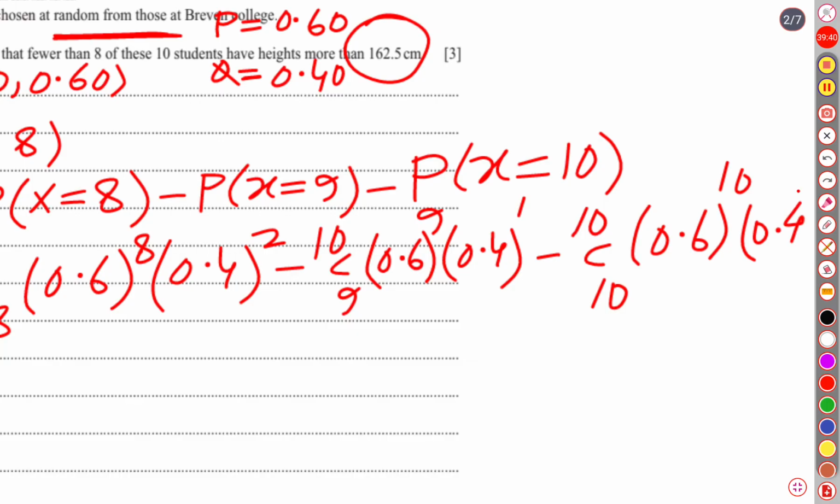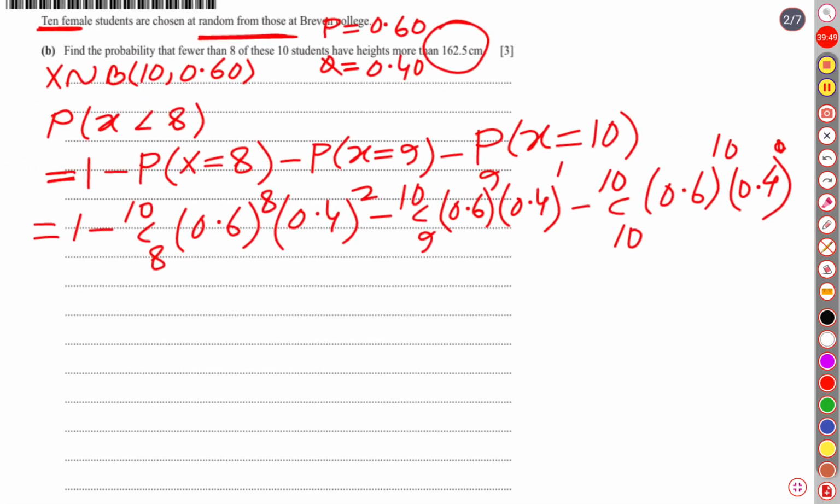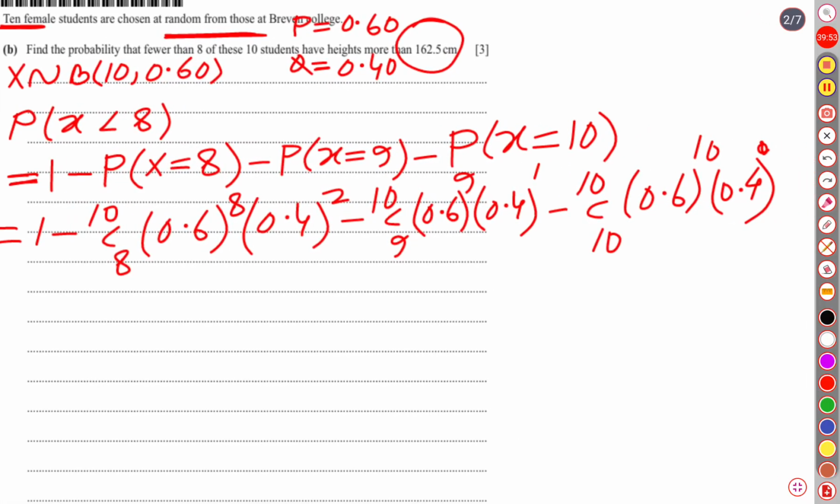It is 0.4 raised to 0. Well, this is what our scenario is. Then we are going to write the next step.